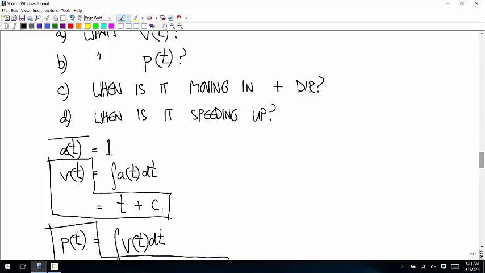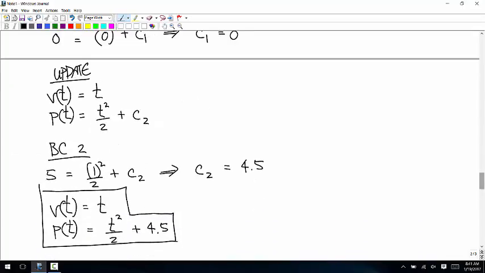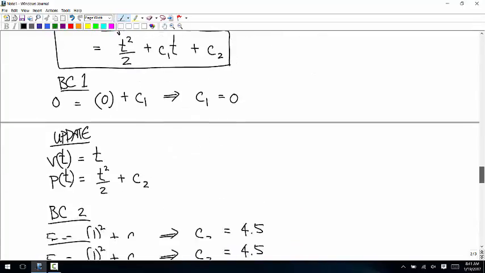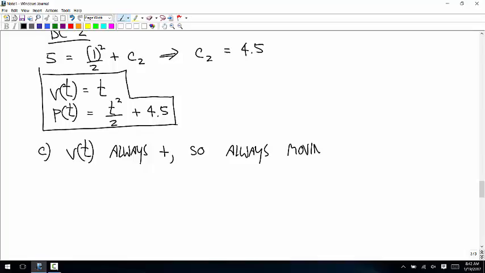And then to figure out when it's moving in the positive direction, we're looking at the sign of the velocity function. It's always positive, so it's always moving in the positive direction. And then part D, when is it speeding up?